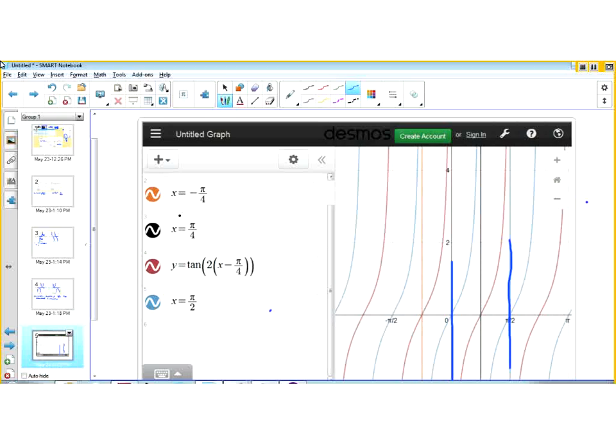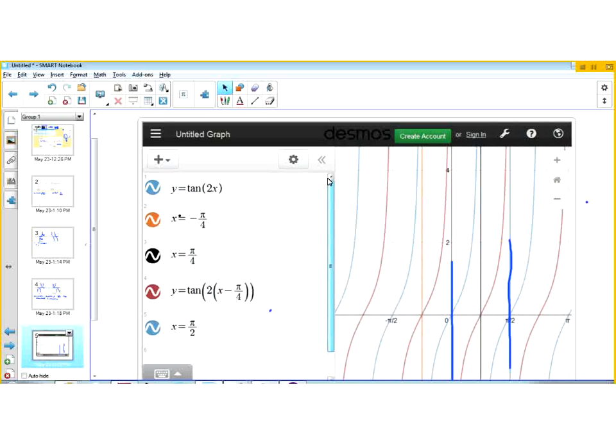So the period is now pi halves, and the vertical asymptote has shifted from negative pi fourths to the y-axis, and also from pi fourths to pi halves. Let me check how we got this set up.